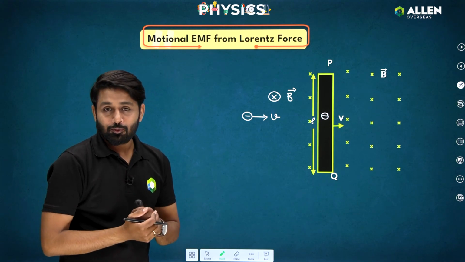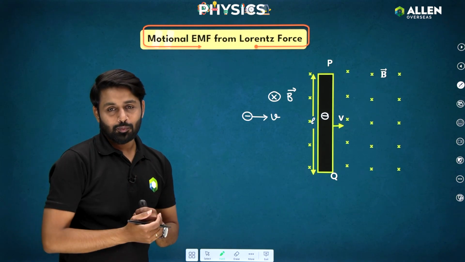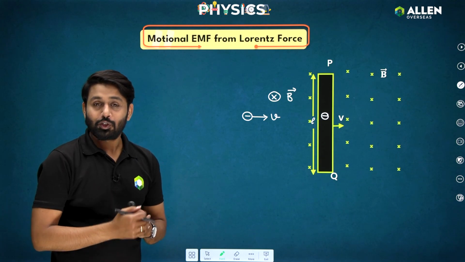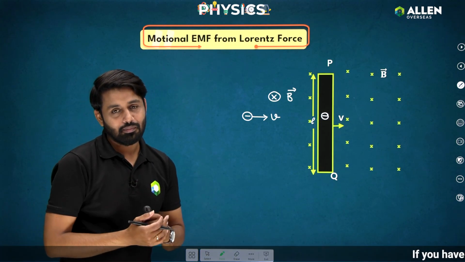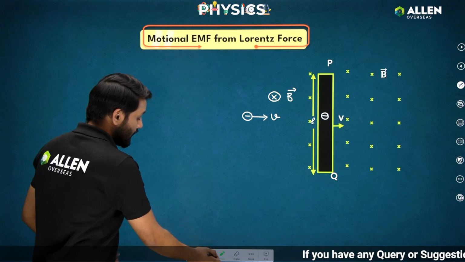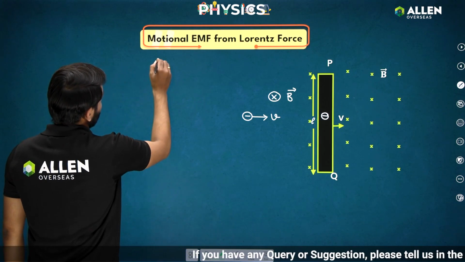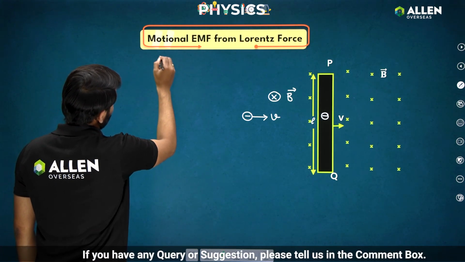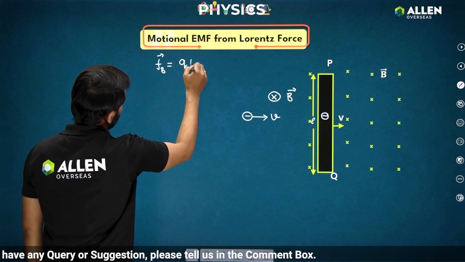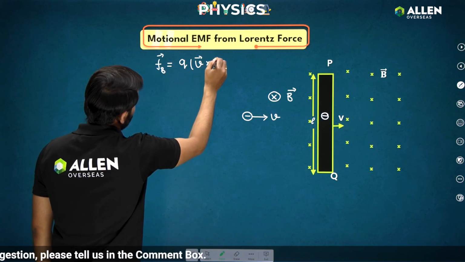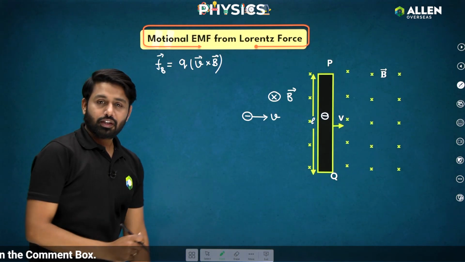How can we find that force? The force formula is Q V cross B. Q is the charge, V is the velocity, B is the magnetic field. In vector form I am writing Q V cross B.